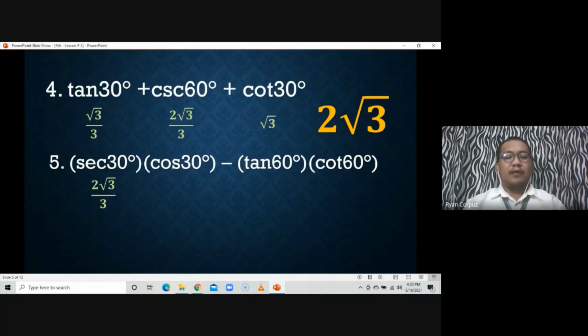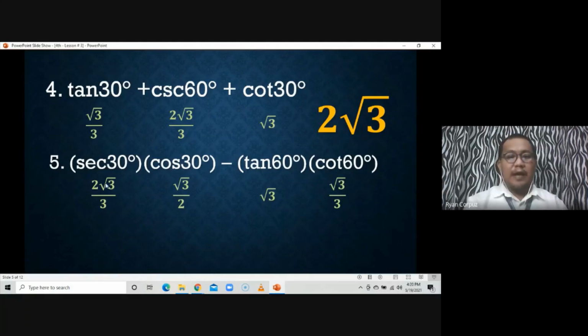While cosine 30 degrees, ang value niya ay square root of 3 over 2. Bigyan lang muna natin yung mga value ha. Value ng tangent 60 degrees, that is equivalent to square root of 3. While cotangent 60 degrees, that will be square root of 3 over 3.